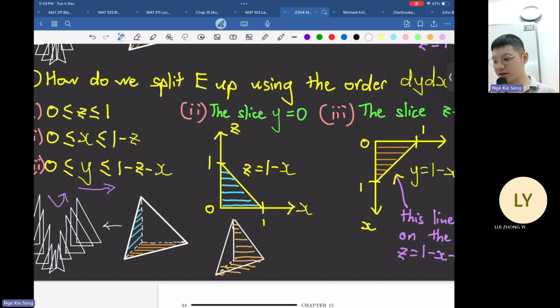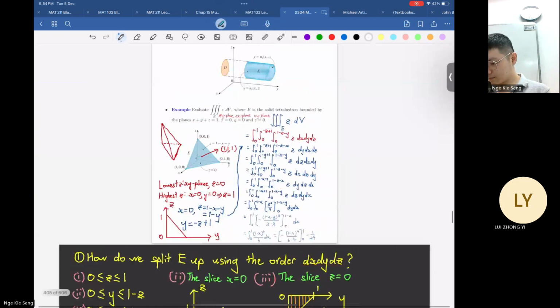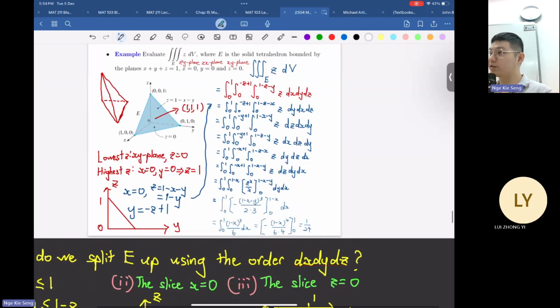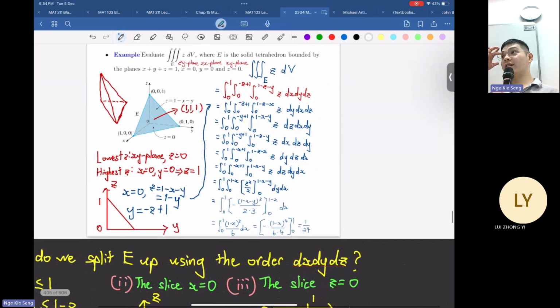What's the answer? Have you tried? Should be 1/24. Because this thing is positive, right? Should be positive. Yes. It's 1/24. No matter which way. If you pick a different way, your integration domain should change slightly.